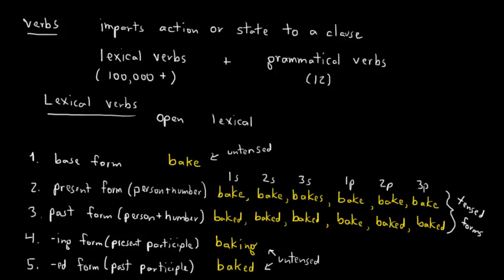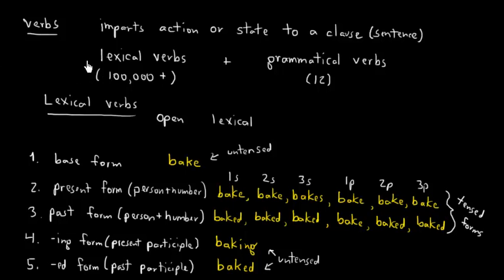Okay, in the first video that we did on our verb overview, we talked about what a verb is. It imparts action or state to a clause, and therefore a sentence, because a sentence has to have at least one clause.